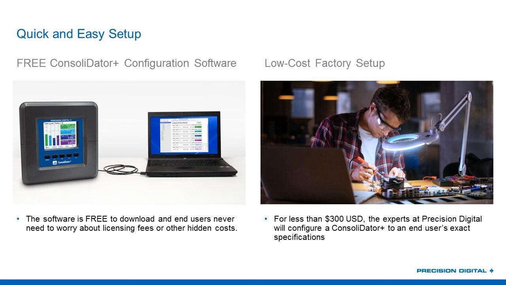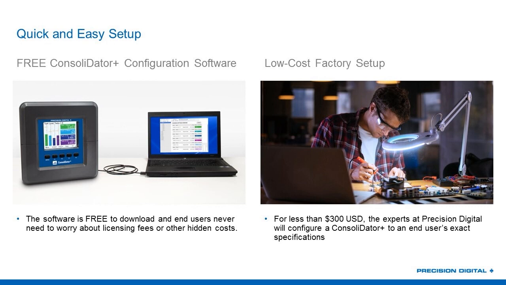But you can have it set up for you. We do have low-cost factory setups. For less than $300, Precision Digital will configure one of these units to an end user's exact specifications. No matter what it is you're looking to do, we will program it for you.